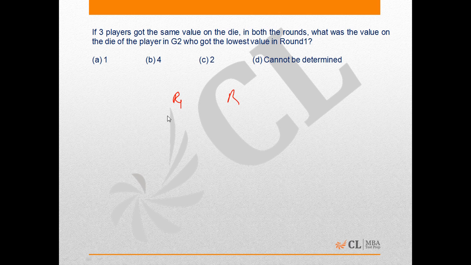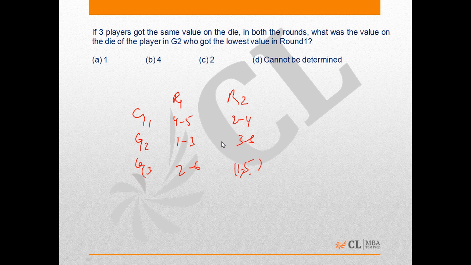R1, R2, G1, G2 and G3. This is 4 5, 2 4, 1 3, 3 6, 2 6 and 1 5. Now these are the possible arrangements of ADs.